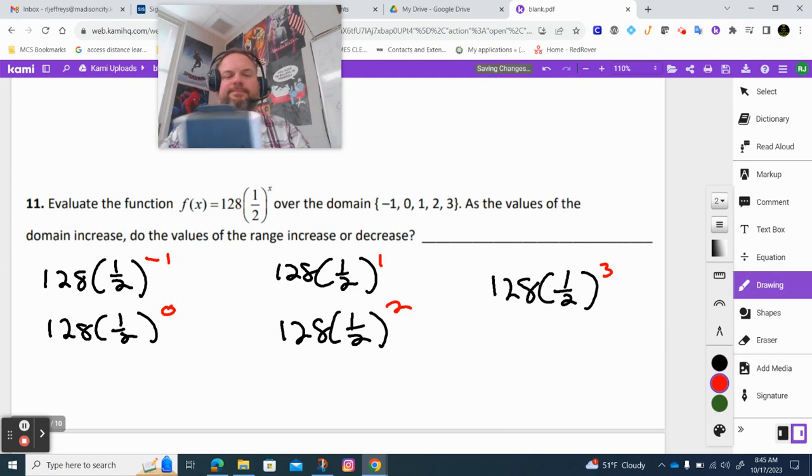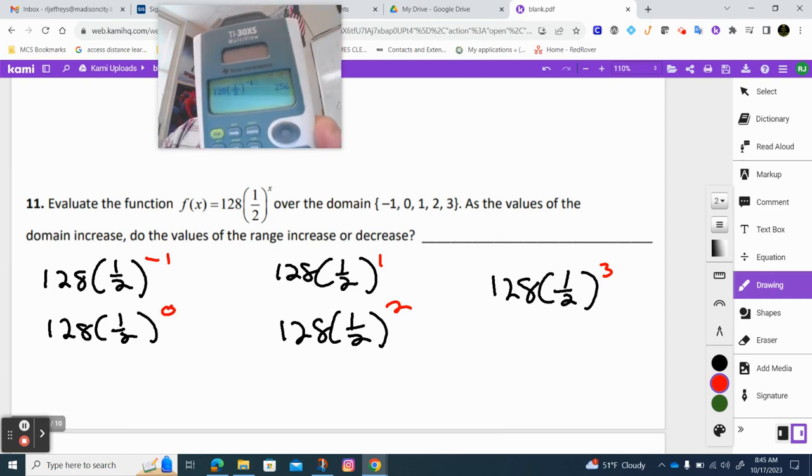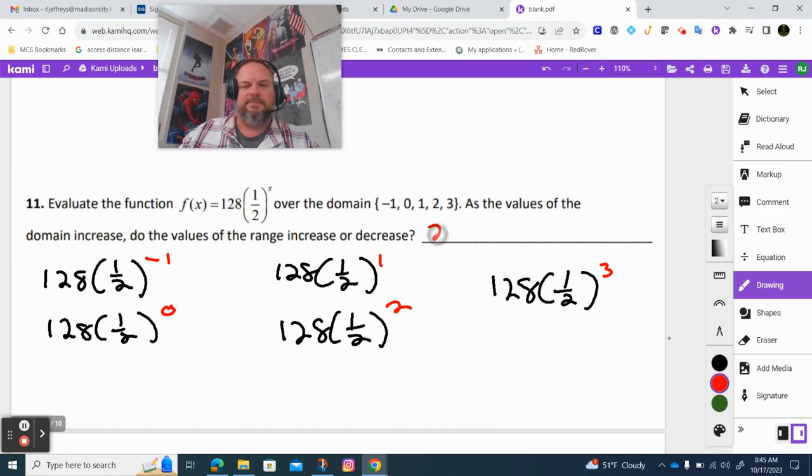All right. So 128 parentheses 1 over 2 to the -1. It's actually 256. All right. Anything to the 0 power is what? 1. Yes. Remember, test on that coming Friday. Good thing we'll have a couple of days of review. So this ends up being 128 times 1, which is 128.